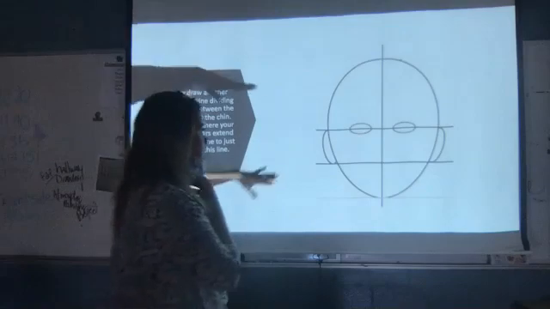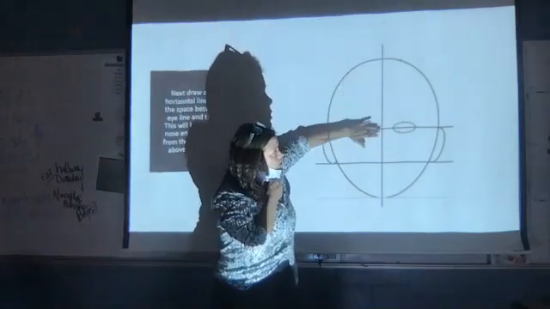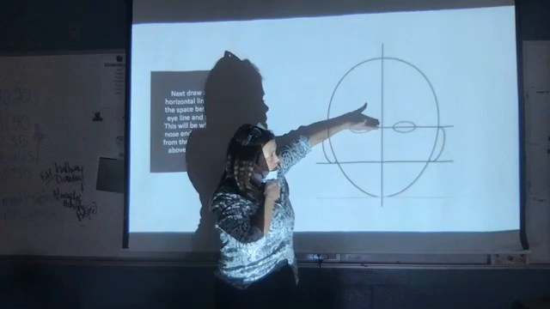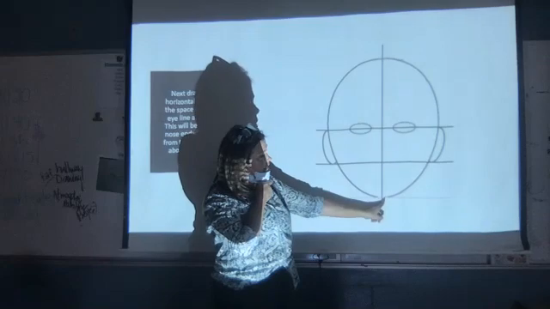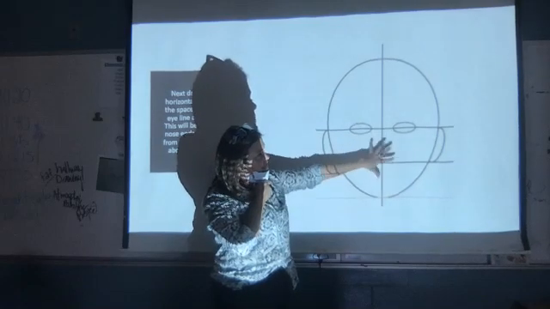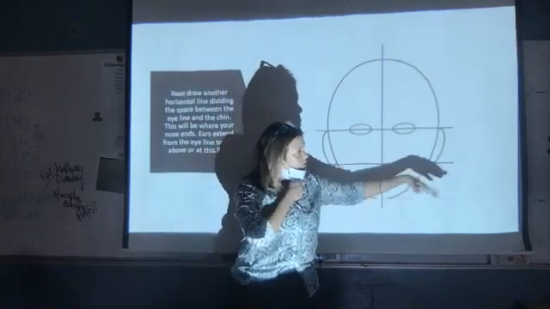And then here's our egg shape, and now we've got our eyes here. Now what we're gonna do, from where we drew that horizontal line where the eyes are to the bottom of the egg, which is your chin, is divide that section in half. So here you see this line right here. You don't have to use a ruler.